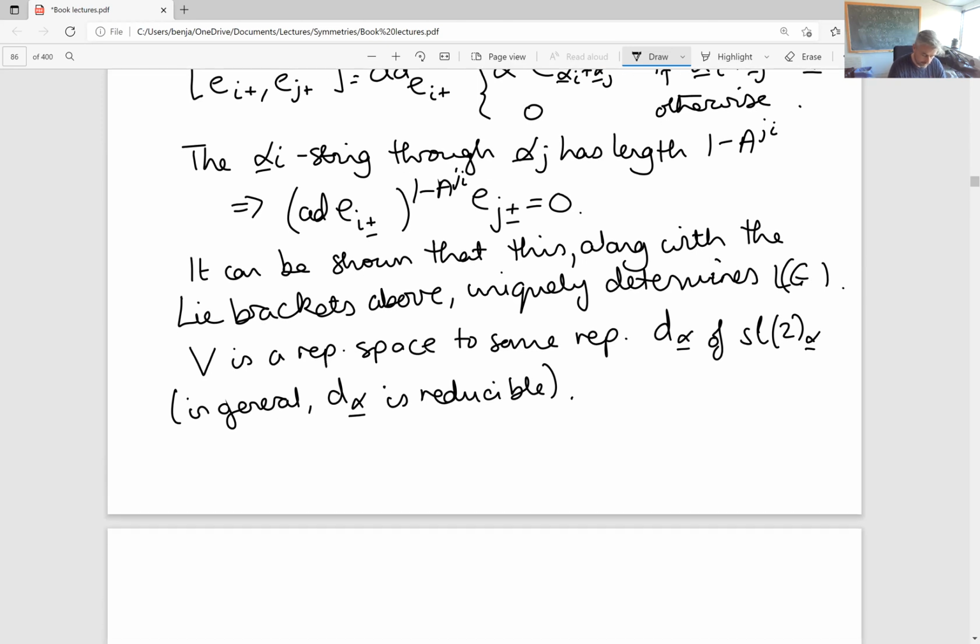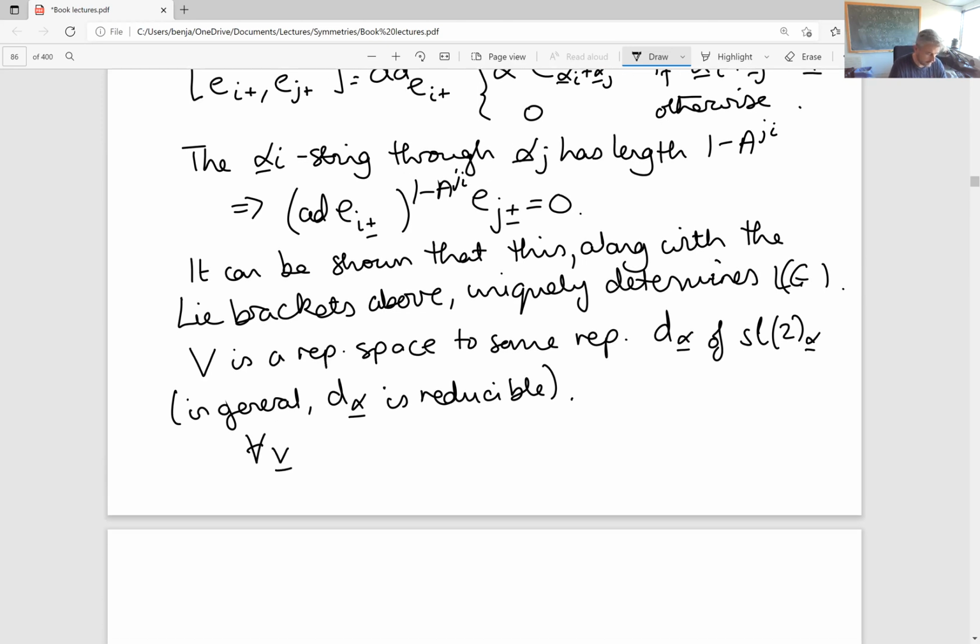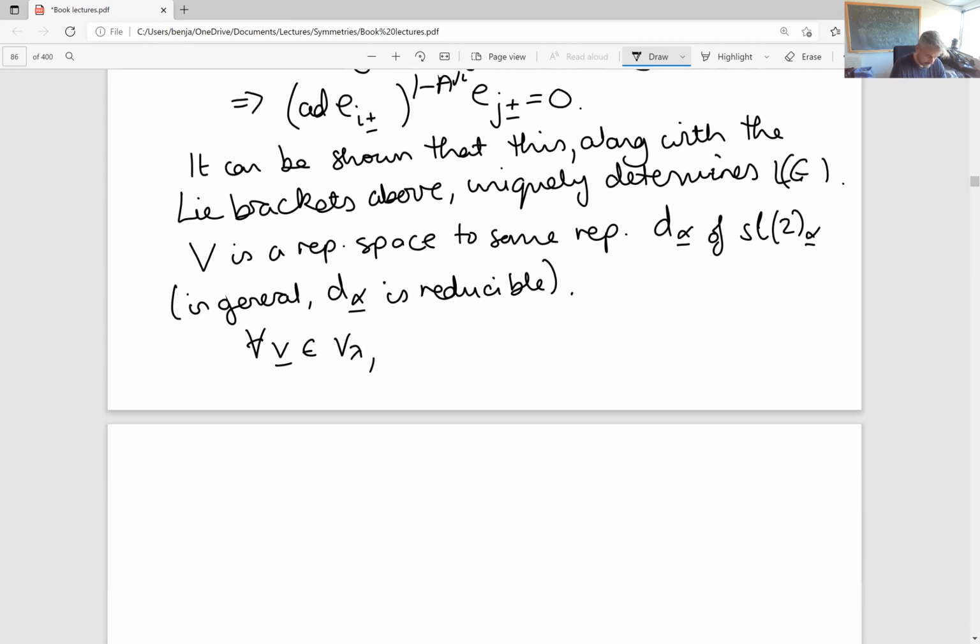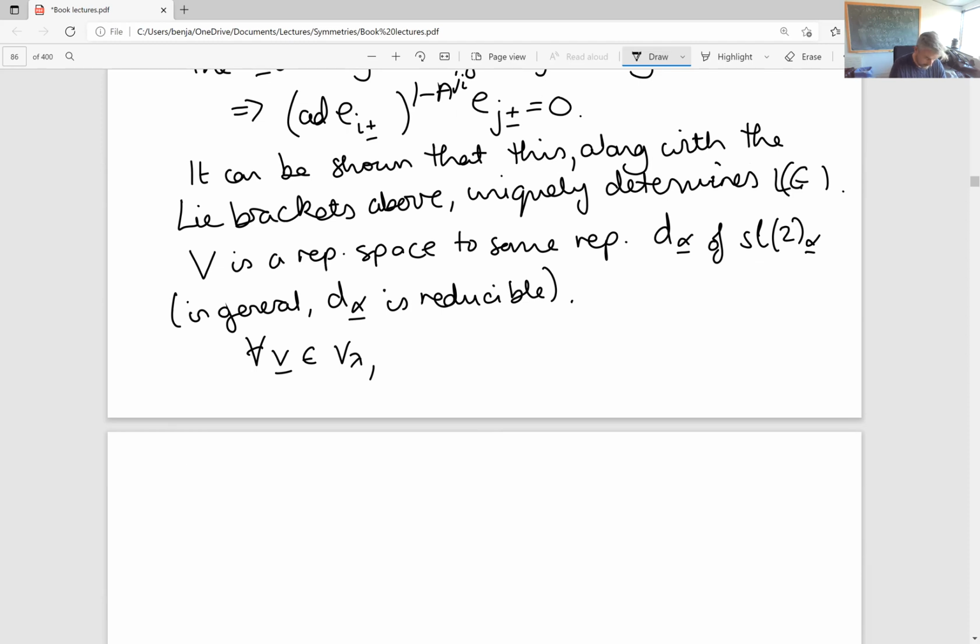So for all V in the eigenspace V_lambda, we have that the representation H_alpha acting on V.